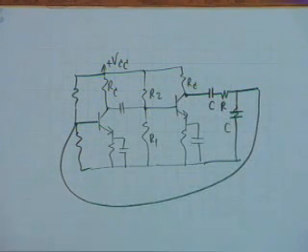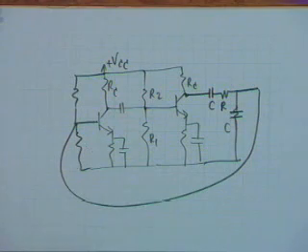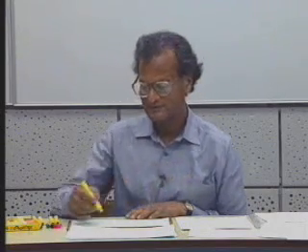Here however, the ideal conditions are not met. The input impedance of this amplifier is not infinity, it is R pi. What is the output impedance of this amplifier? It is R sub C approximately.